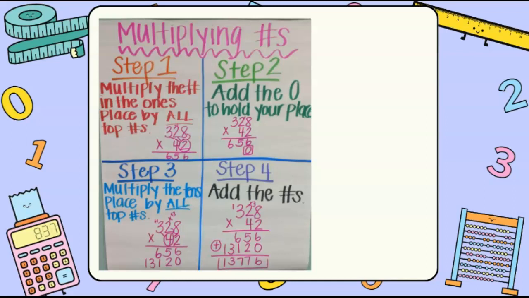Step 3, we'll multiply the tens place by all the top numbers next. And then finally, I will add the numbers that I get together, and that will give me the product. An easy way for me to remember this is the abbreviation MCMA. Multiply, 0, multiply, add.